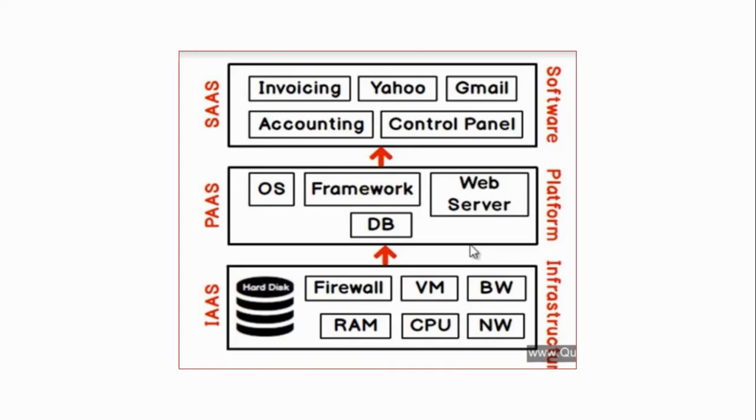Software, any software like your Gmail, Yahoo, this is software. When you provide a service which gives the software to the user, that becomes software as a service. Platform, your database, your OS, your framework, your web server, those are the platform. So cloud can also provide that layer of support.